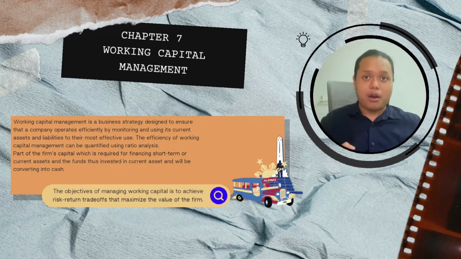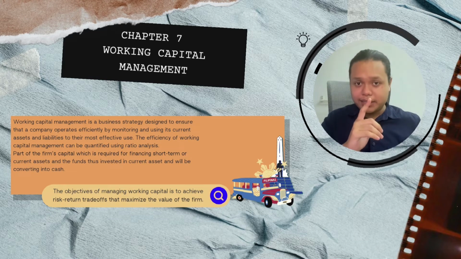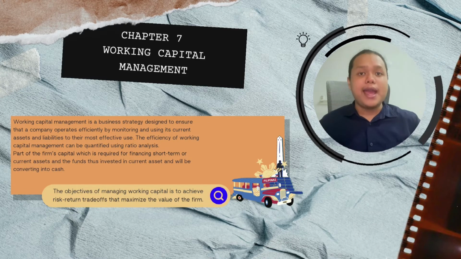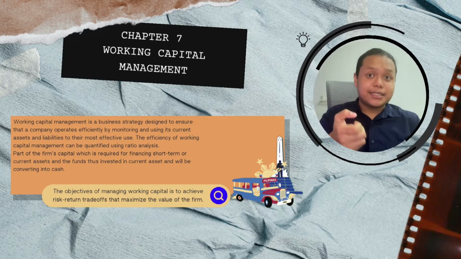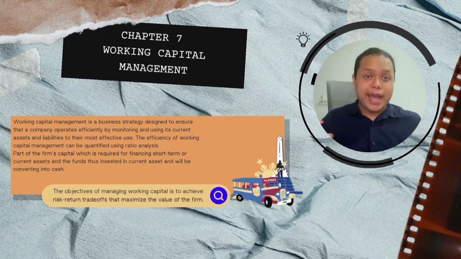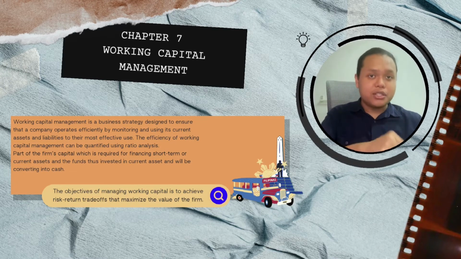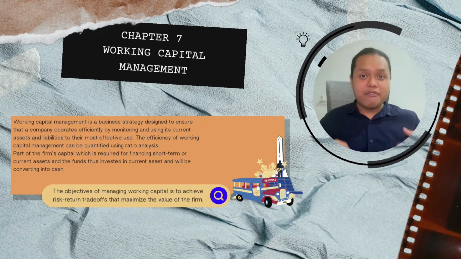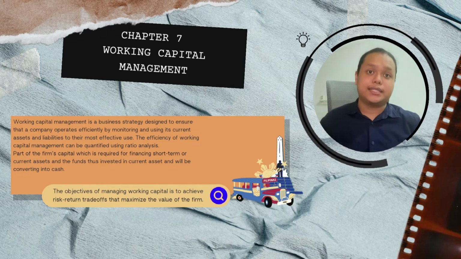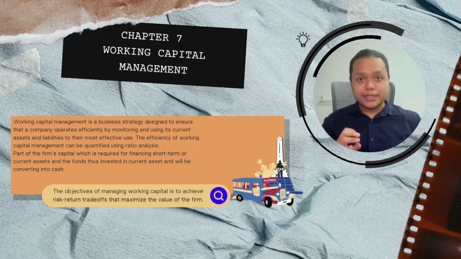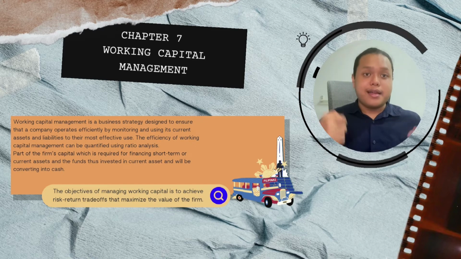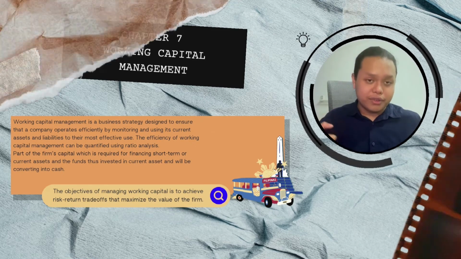It is a part of the firm's capital which is required for financing short-term or current assets, and the funds thus invested in current assets will be converted into cash. It involves day-to-day decisions regarding investment in current assets and how the assets are to be financed. The objective of managing working capital is to achieve risk-return trade-offs that maximize the value of the firm.